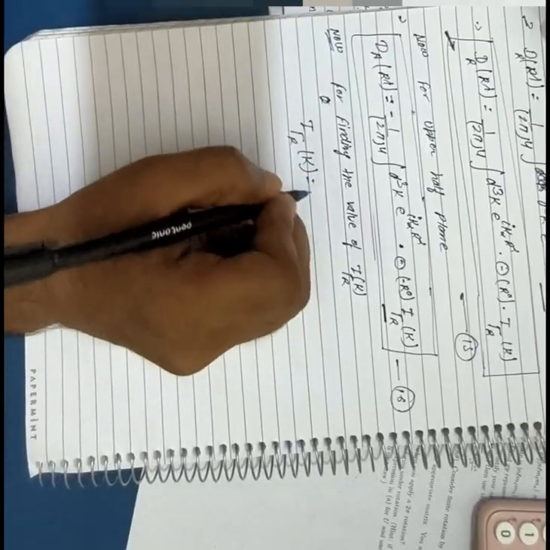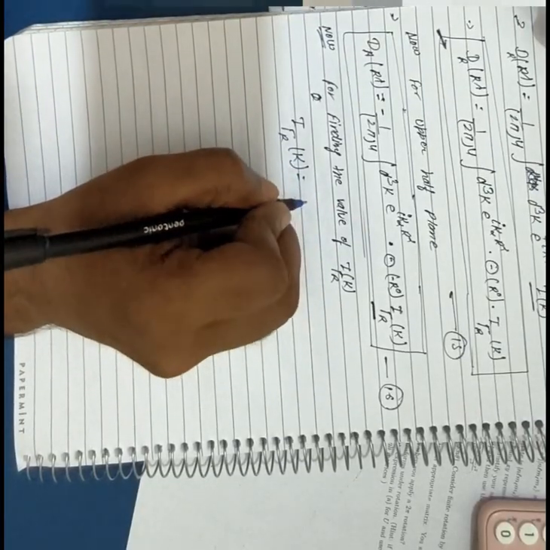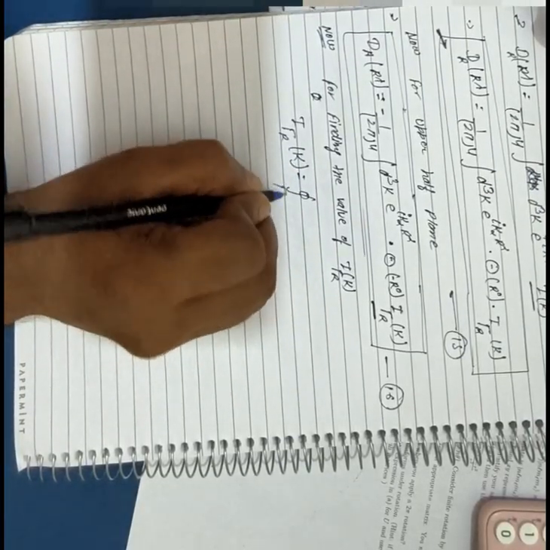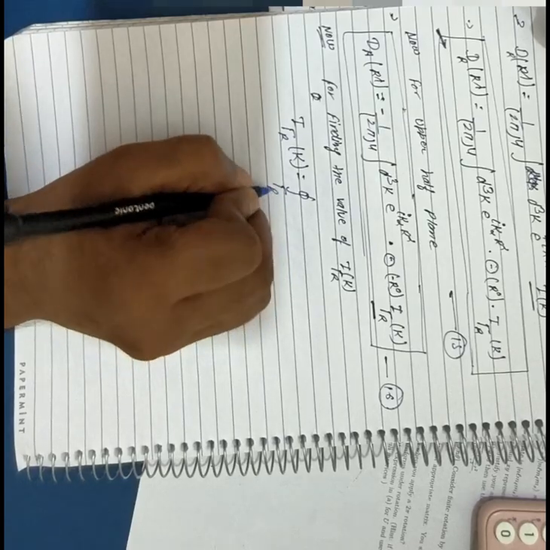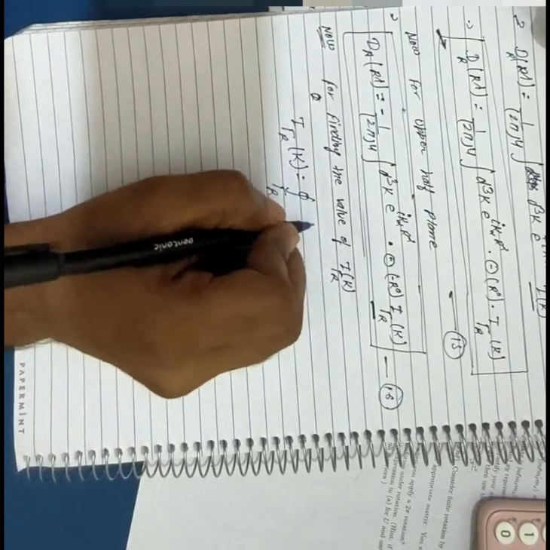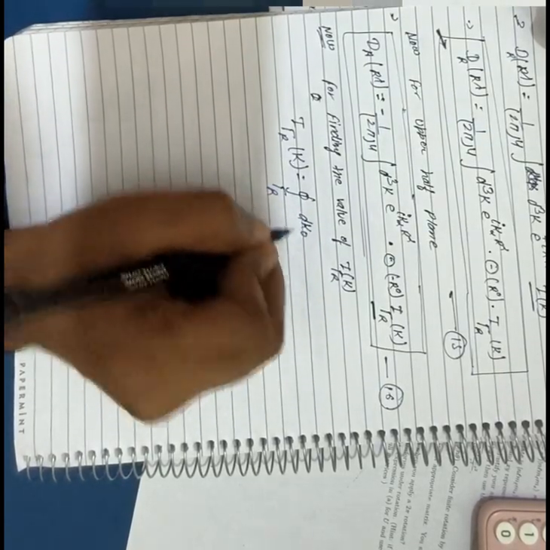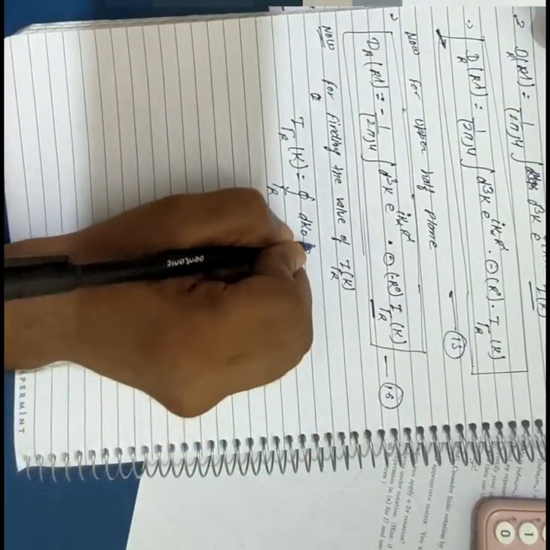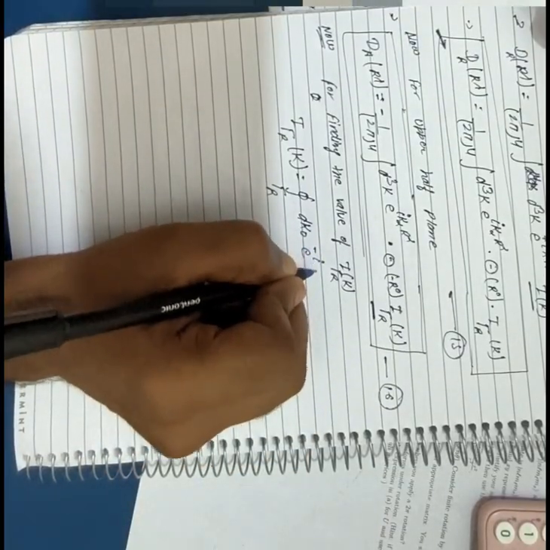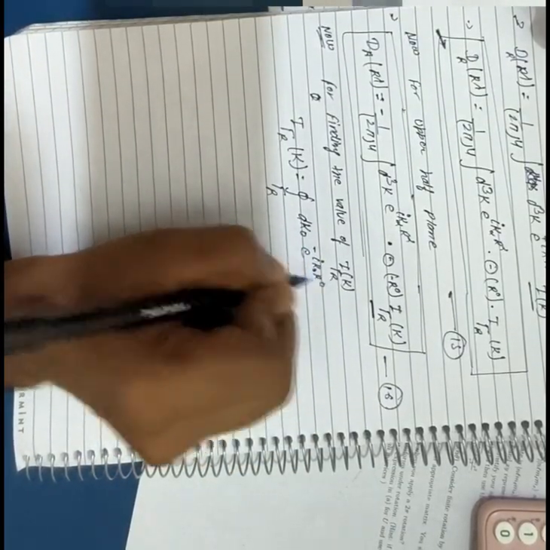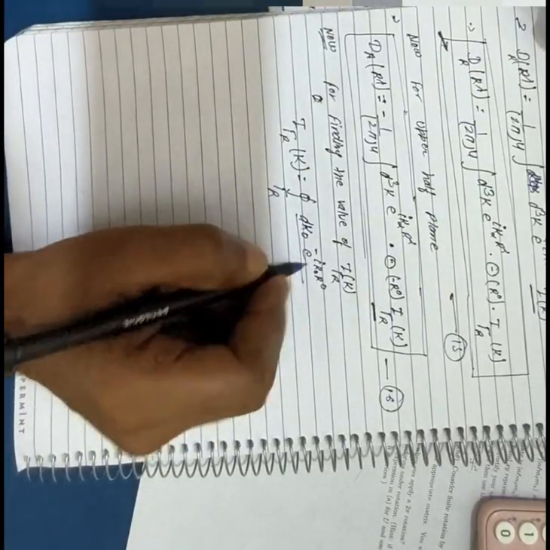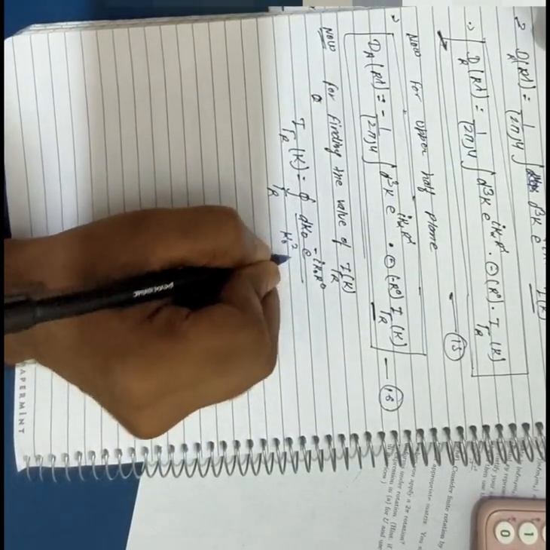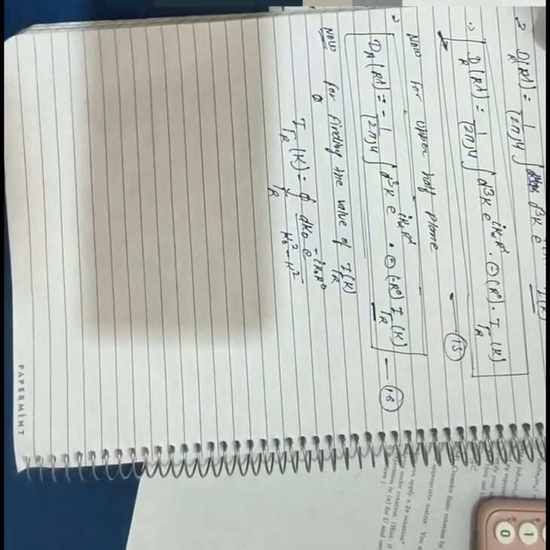So we can put the value of I_k here in the contour of r. The I_k was dk naught e raised to the power i k naught r naught, right? And we also have k naught square minus k square.